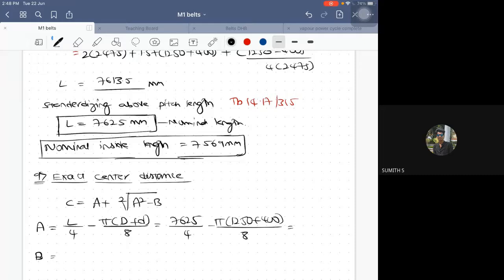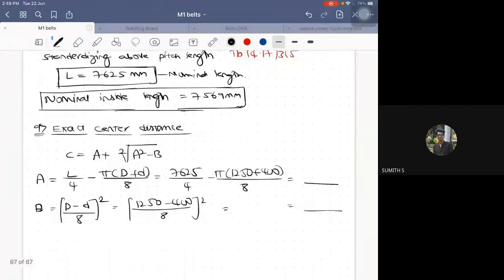So this is the value of A, and this is the value of B, which is capital D minus small d by 8, whole square. So that is 1250 minus 400 by 8, whole square. That is the value of B. Once you have A and B, you can substitute to get the value.